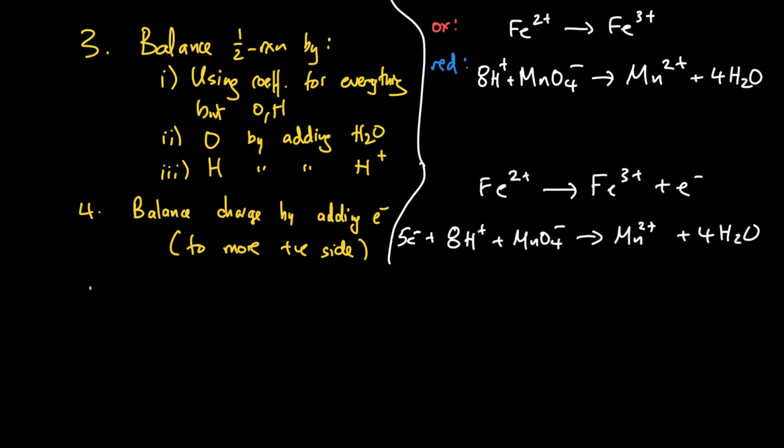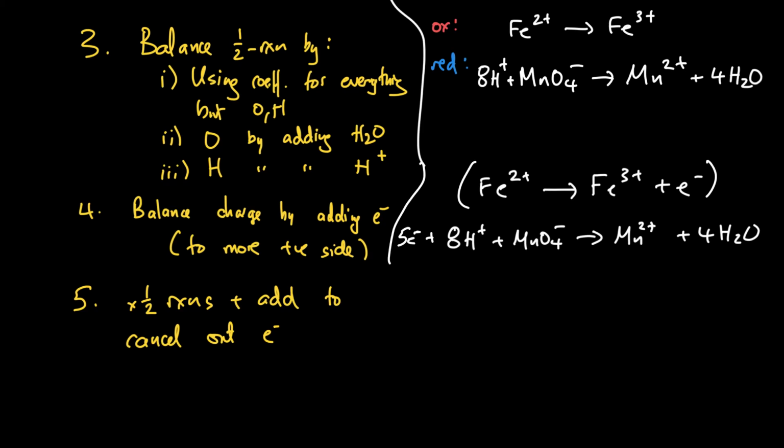Okay, and if we go on down through the rules, the fifth rule is we're going to multiply the half reactions and add in order to cancel out electrons. So when we add the reactions together, we're not allowed to get electrons floating around. Notice the top reaction has 1 electron on the right.